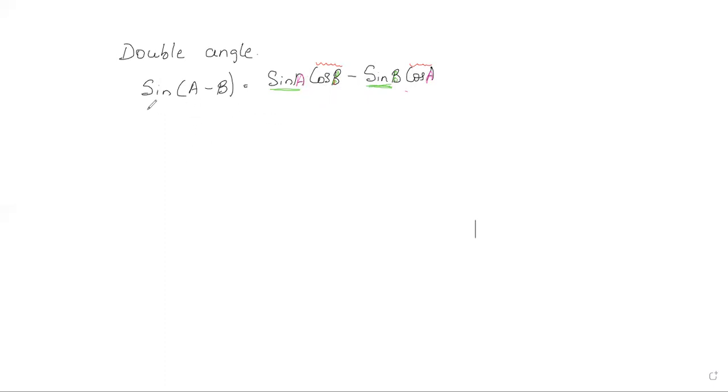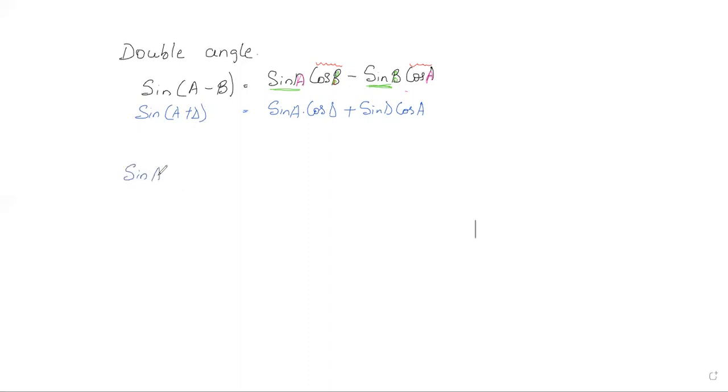Let's look at the sine. The sine of A plus D will be the sine of A multiplied by the cos of D plus the sine of D and the cos of A. Now let's see what happens if I say on this one here, A and D are equal.